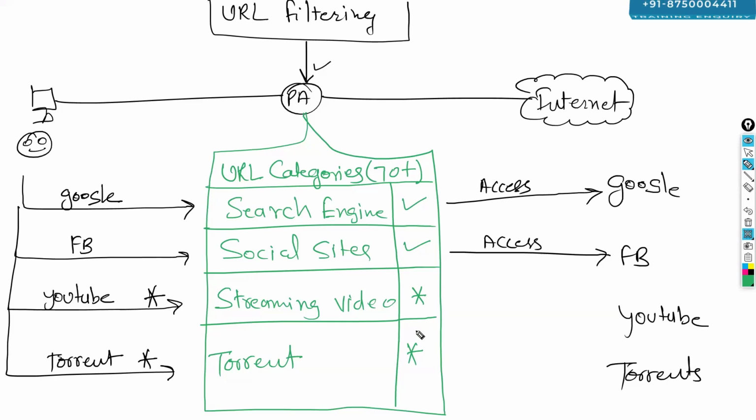So with the help of URL filtering, we can minimize the risk of those attacks which will be spread by website, because when the user will access torrent website, from torrent website they will download, and those softwares will come with the attachment of malwares which can destroy your data.